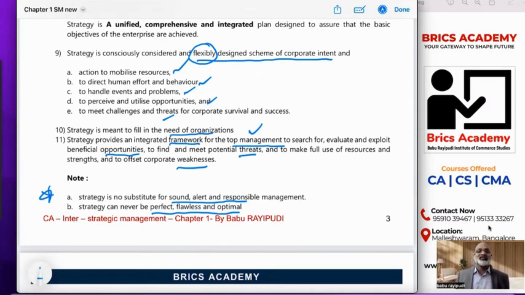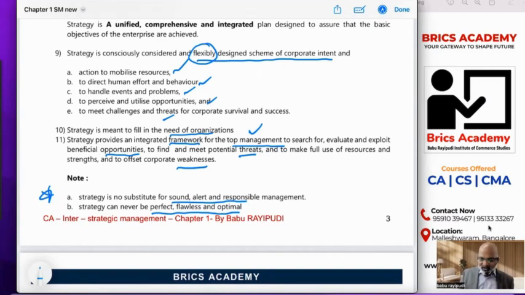Strategy comes into picture the moment you start reading opportunities, reading threats, finding out your strengths and weaknesses: grab the opportunity, face the threats, use your strength and minimize your weaknesses. And finally, make sure your organization is adjusting with the environmental changes. This is where strategy comes into picture.